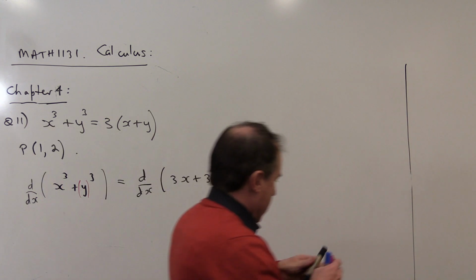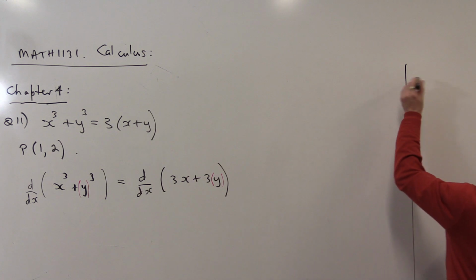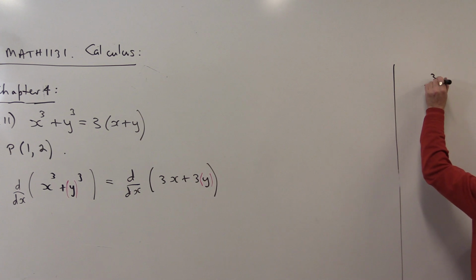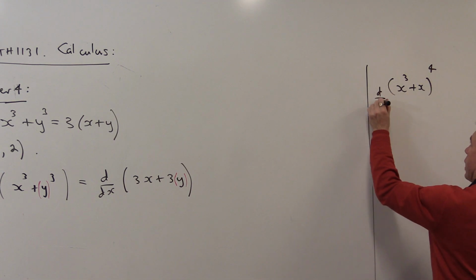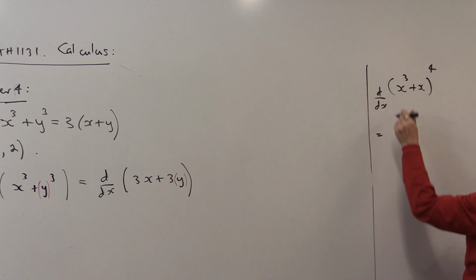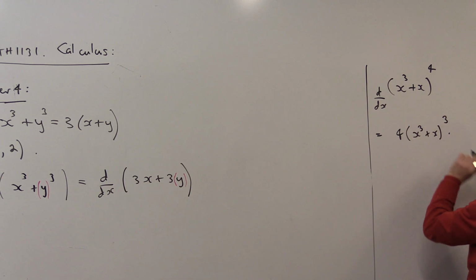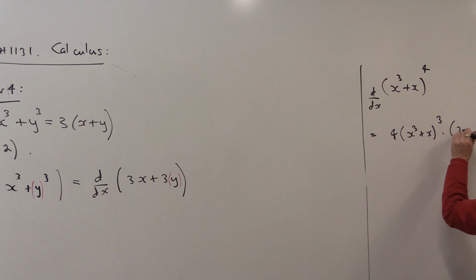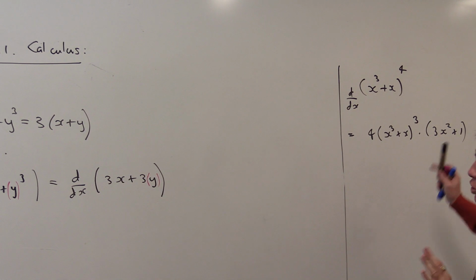What I mean by that is, if you go back to your basic maths from school, if I give you something like x cubed plus x all to the fourth, and I say work out the derivative of that, then you bring the power down the front, you copy all that down, and then you decrease it by 1, and then you multiply by the derivative of the inside. Yep, so that was just the chain rule.